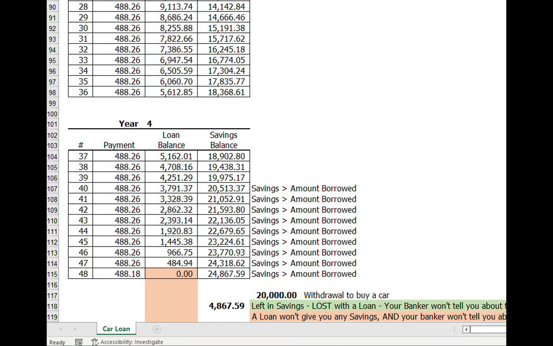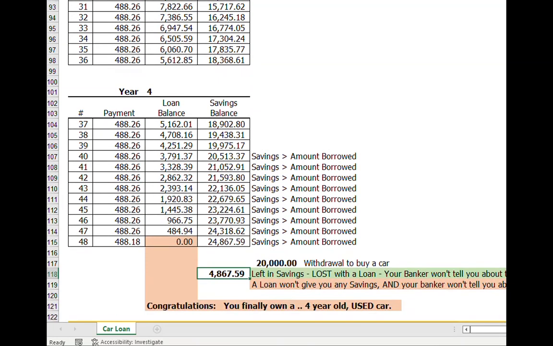At the end of 4 years, the table shows that you could have an extra $4,867 because you didn't get the loan. That is a hidden cost of the loan. Your banker won't tell you about this loss because it's not directly associated with the loan.